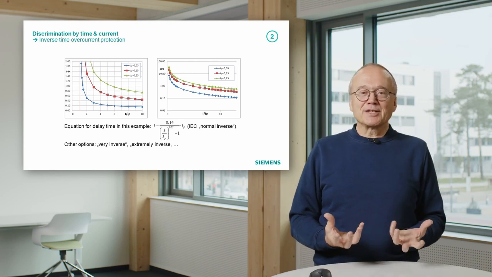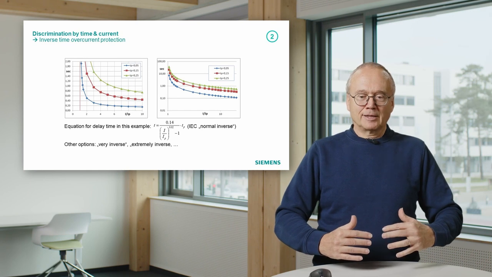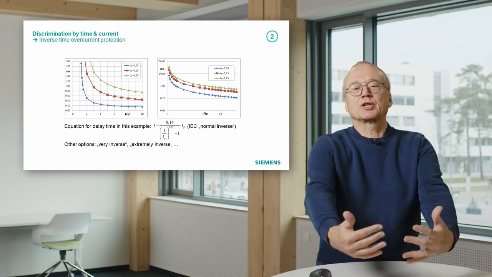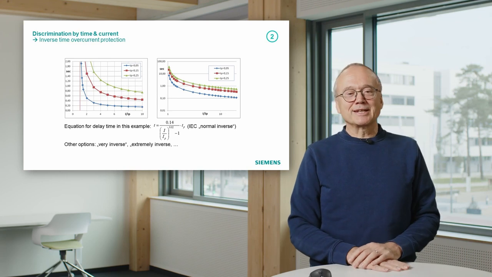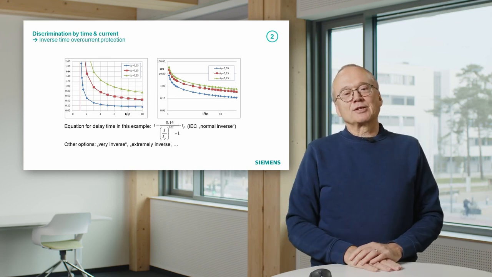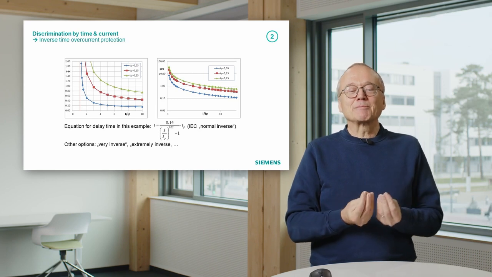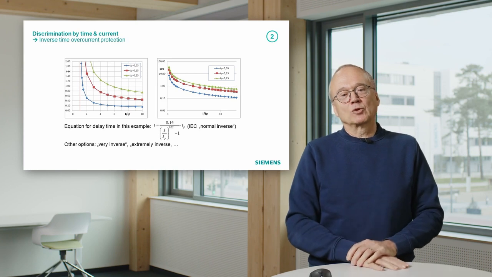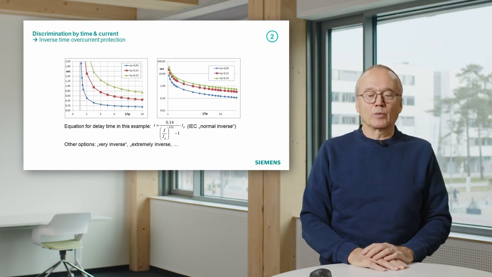But of course, this IEC standard had somehow to show what was already there before. That means what came from these electromechanical relays. That means what people in this committee did is they measured the curves from the electromechanical relays which were in operation, and then they did a curve fitting. That means they defined equations which lead to curves which are pretty much similar to these electromechanical curves, and that is why we end up with such strange equations.